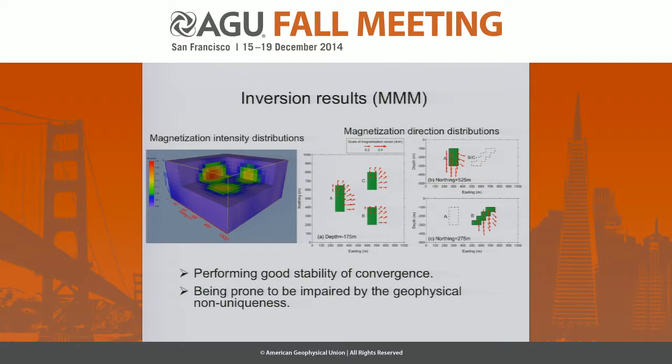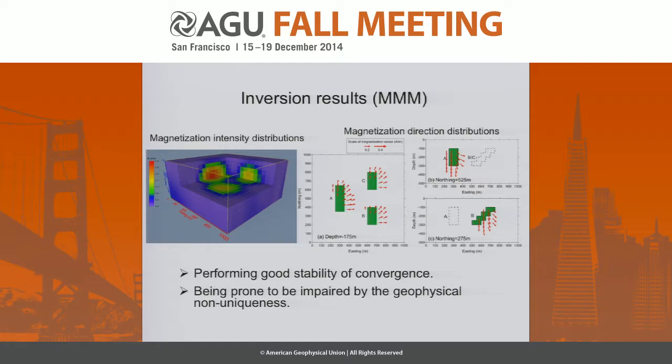This slide shows the inversion result of the first method, the 3M method. The left figure shows the 3D distribution of the magnetization intensity, and the right two figures show the magnetization direction at a horizontal cross section and two vertical cross sections.